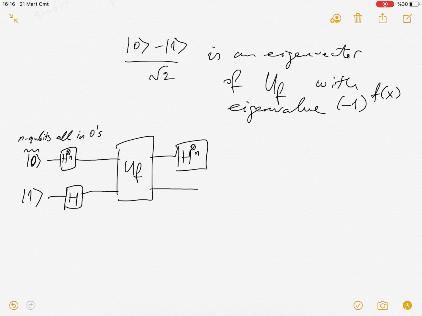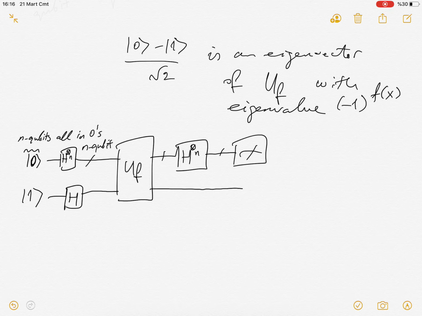I'm not going to do anything with the second output. And I'm just going to measure this n-qubit register. So this is all n qubits, an n-qubit wire, whereas the second input is just a 1-qubit input.